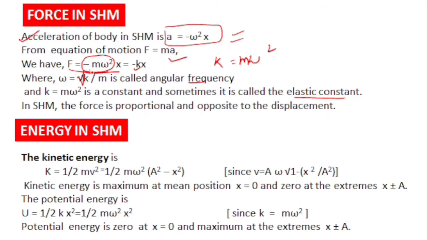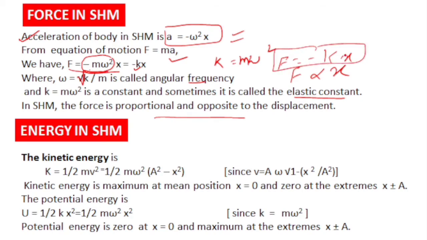So you can say that in simple harmonic motion, F equal to minus kx means F is directly proportional to and in opposite direction of displacement. This force is proportional and opposite to the displacement. If this satisfies, you can say that the body executes simple harmonic motion, F equal to minus kx.